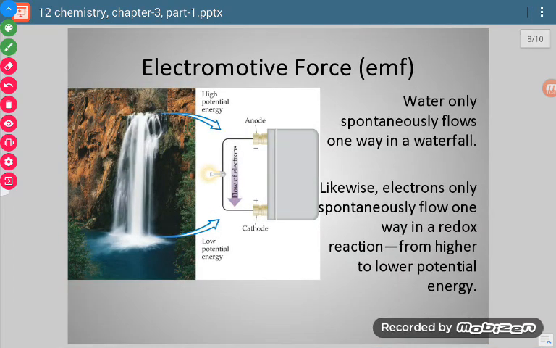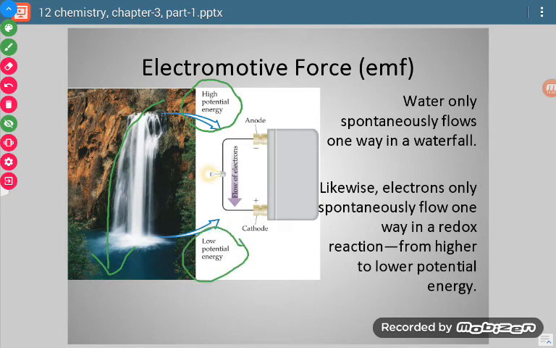Now the important concept related to electrochemical cell: EMF of the cell, or electromotive force of the cell. Now we can compare it with a waterfall. In a waterfall, water flows from up to down spontaneously. It doesn't require anything else. It is a natural process. Water at a higher level has high potential energy and water at a lower level has lower potential energy.